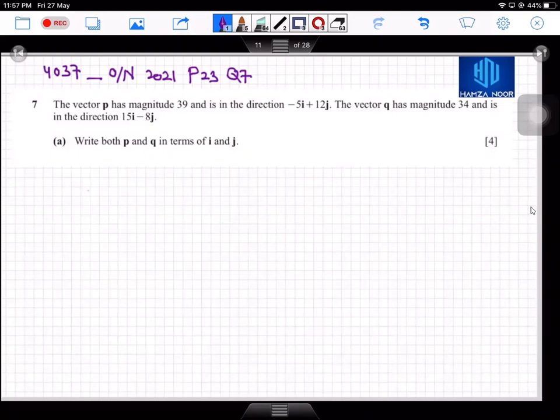All right, so first things first, we have a vector minus 5i plus 12j. Let's say this is the starting point. So this is basically a vector.